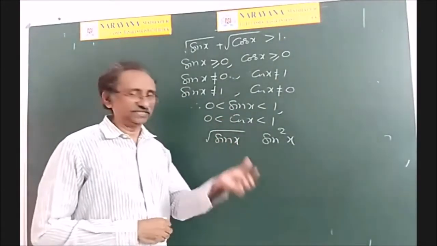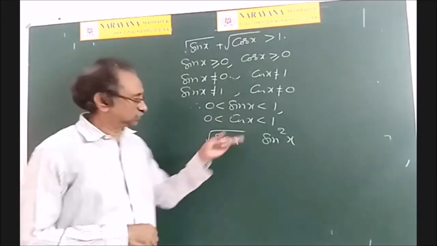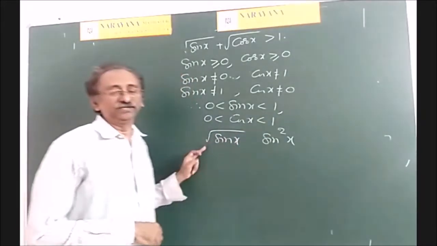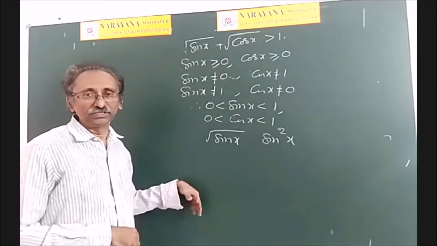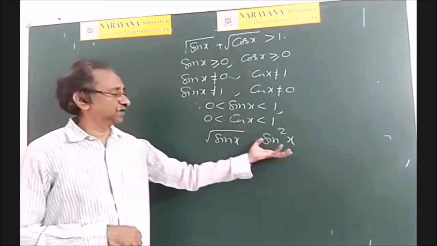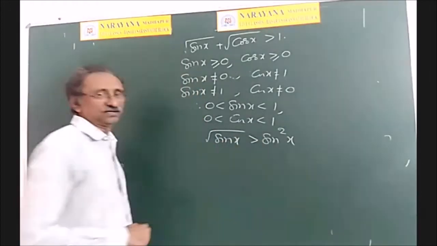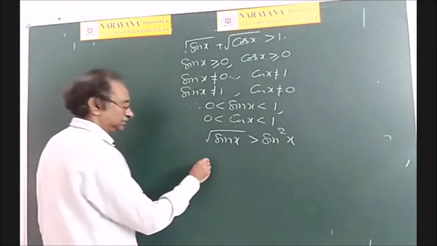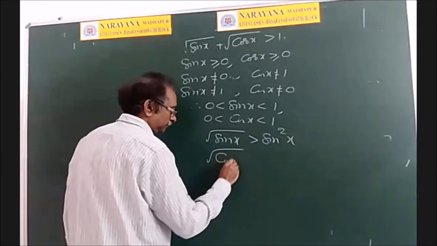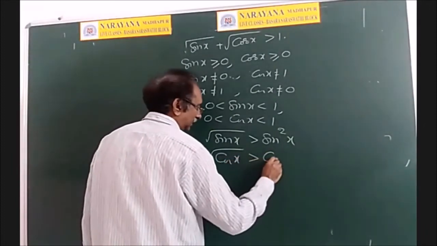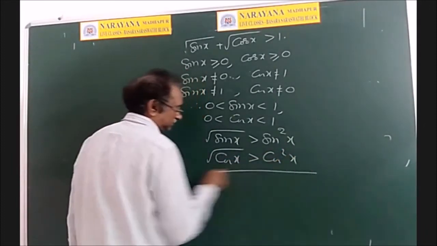Therefore, if you increase the powers, the value decreases. Suppose you take sin x is equal to 1 by 4, its square is 1 by 16, its square root is 1 by 2. That is, its value is more than 1 by 16. Therefore, here root sin x greater than sin square x. Similarly, root cos x greater than cos square x.